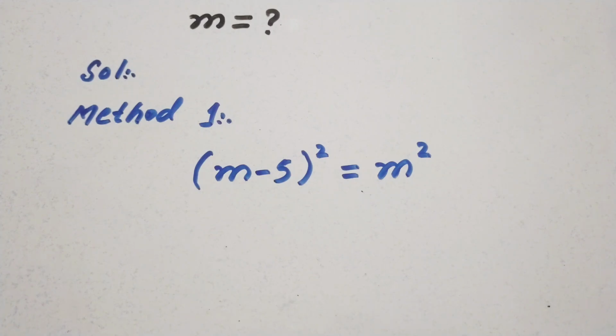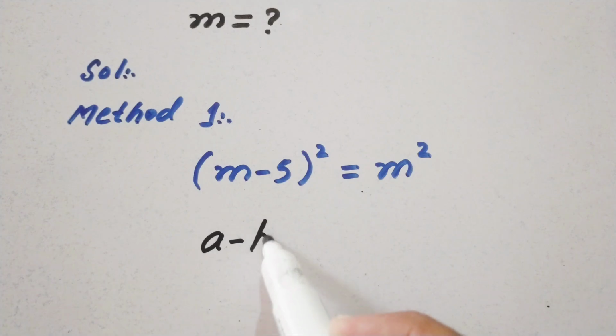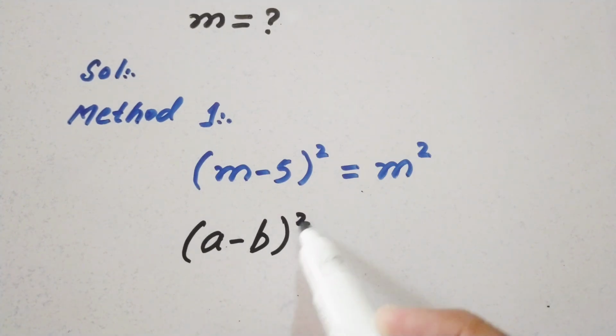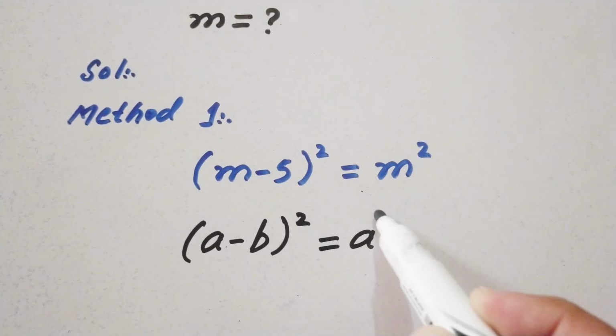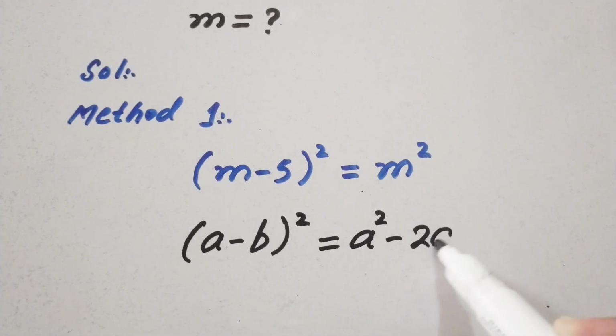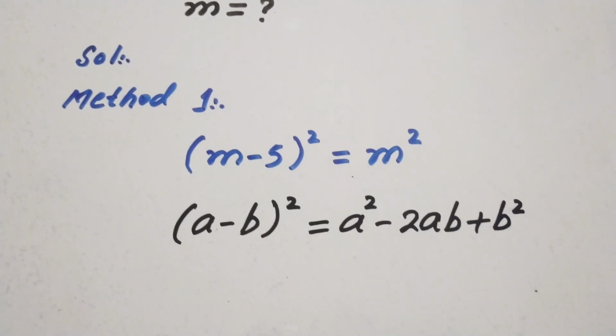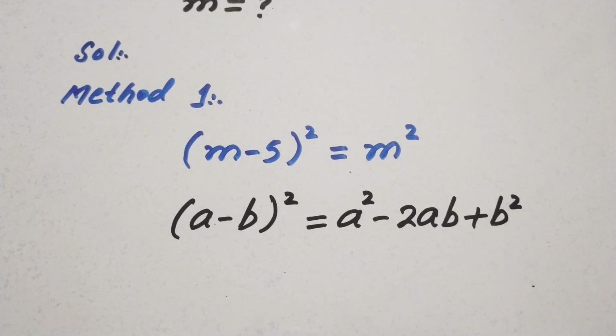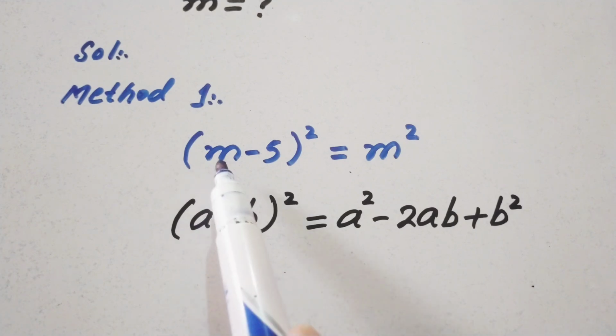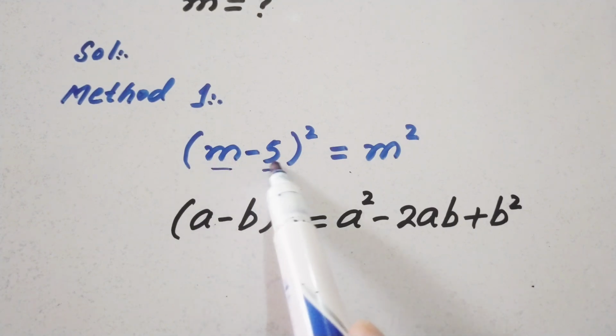From an algebraic identity, if we have a minus b whole squared, this is equal to a squared minus 2ab plus b squared. The above equation m minus 5 whole squared, by using this algebraic identity, here a is equal to m and b is equal to 5.